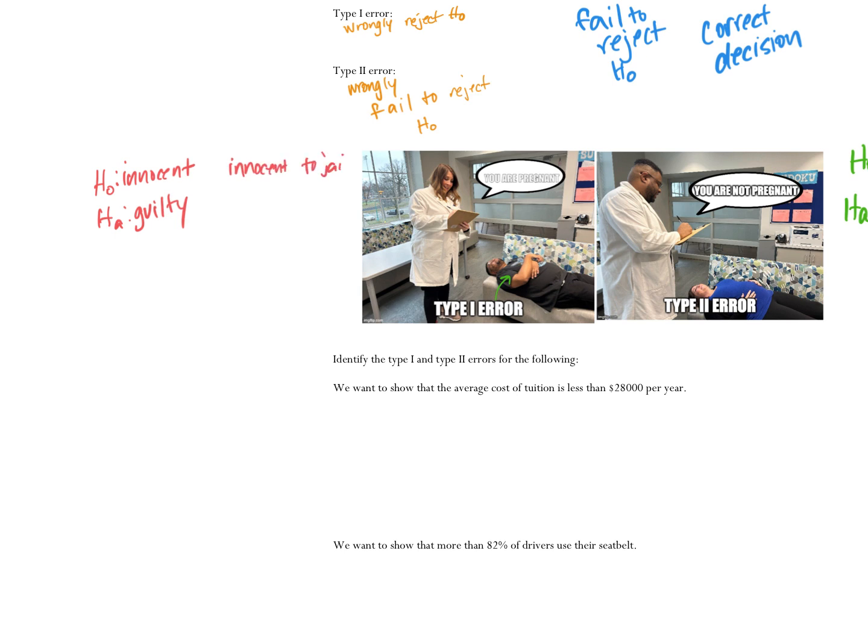That would be, we reject their innocence and conclude they're guilty even though they are innocent. So this would be a type 1 error. And likewise, letting a guilty person go free would be a type 2 error. So just some different ways for you to visualize how we could have two types of errors.